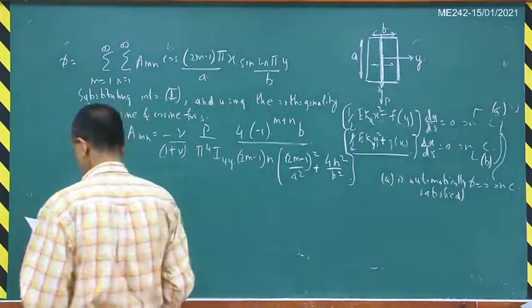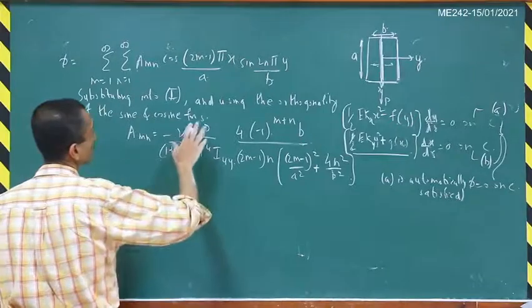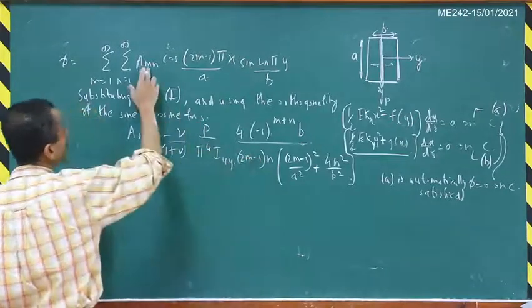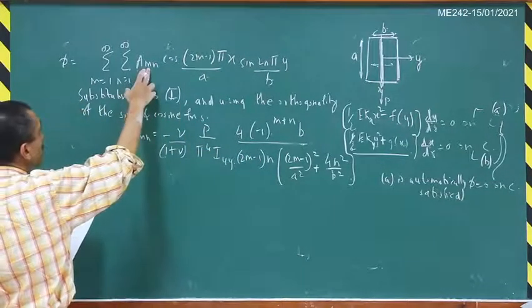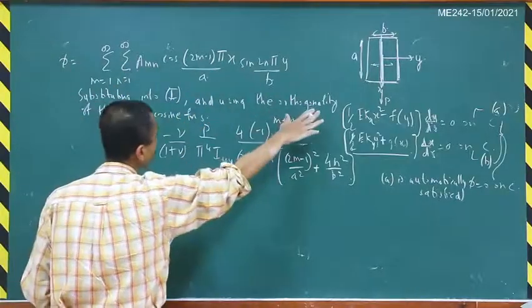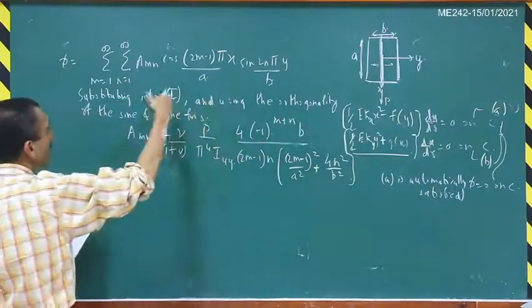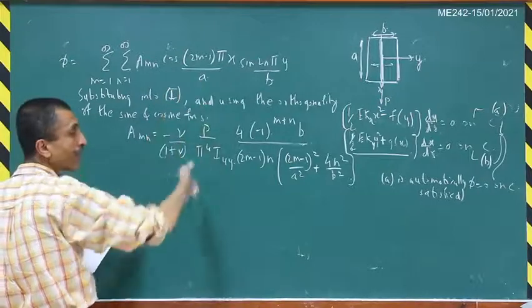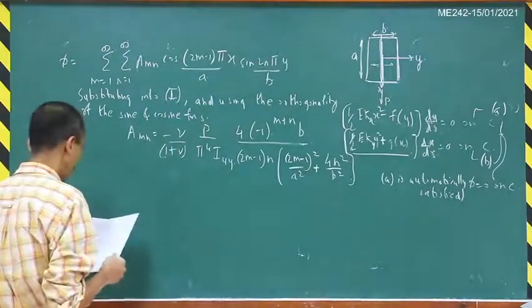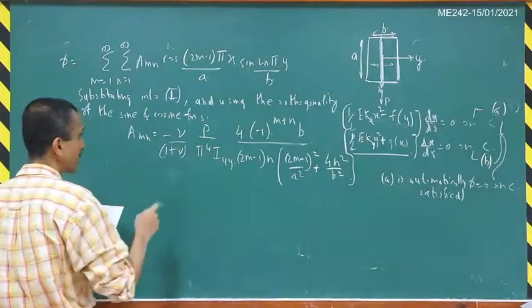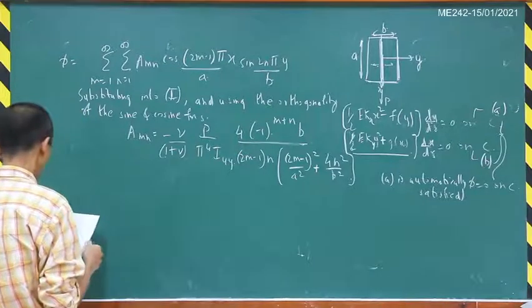If you now substitute this A_mn into this particular expression, you have the complete expression for phi. And once you get phi, the tau xz and the tau yz can be determined. So let us now find the expression for tau xz.